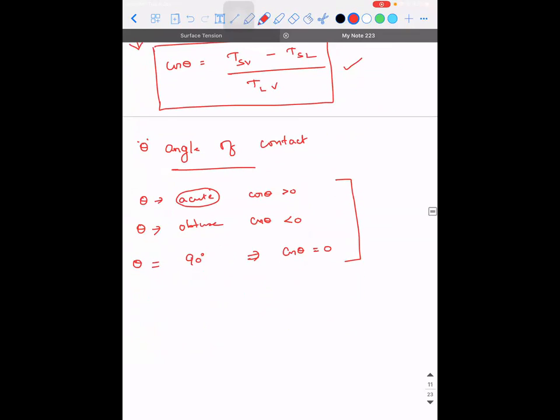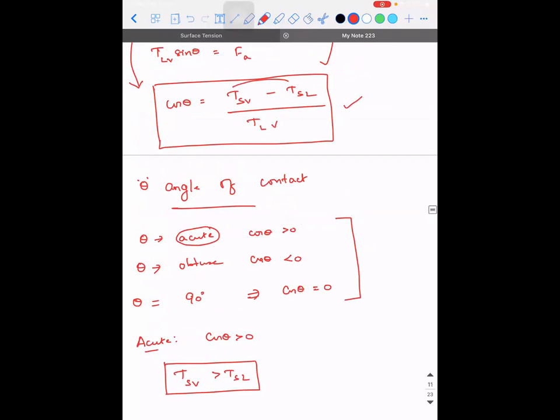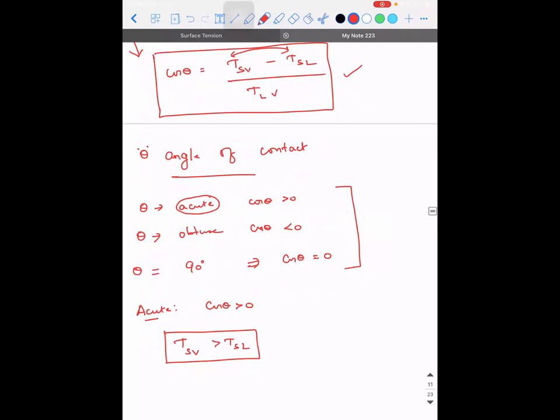Okay. So from this, if I take acute into consideration, when cos theta is positive, then can I say TSV should be greater than TSL? Because cos theta is dependent on the difference of these two values. So TSV minus TSL should be greater than 0. So TSV should obviously be greater than TSL.